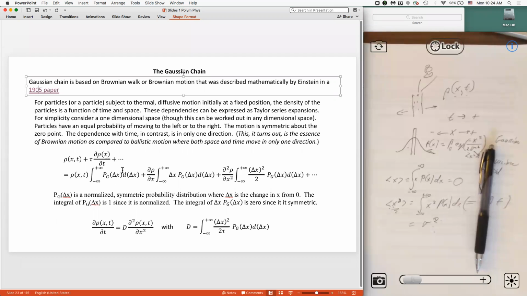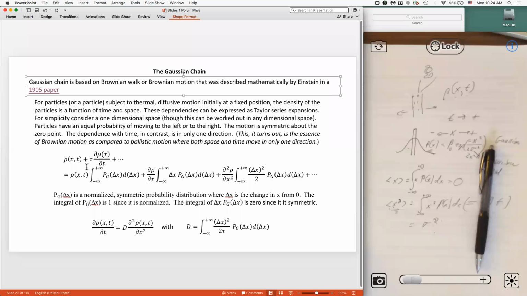In space, the Taylor series is going to be like you take the probability of the thing, and the integral from minus infinity to plus infinity ends up changing the thing. It gives you the first element here. So the integral of the normalized probability function is 1. So this term's 1.